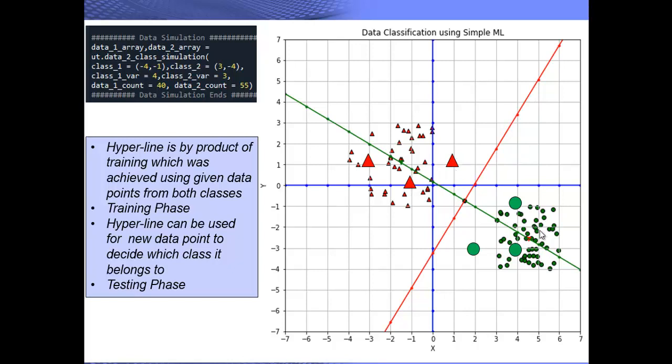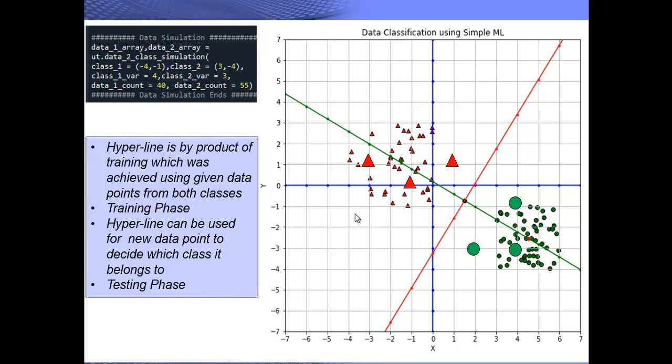You can put a point anywhere here, calculate, and the sign of the solution of that equation will tell you whether that point is on this side or that side. So that's the testing phase, right?